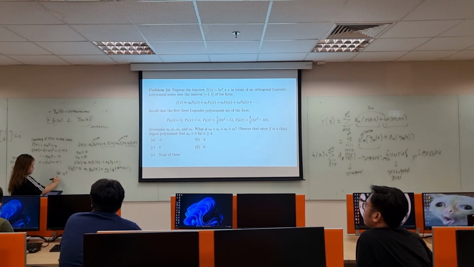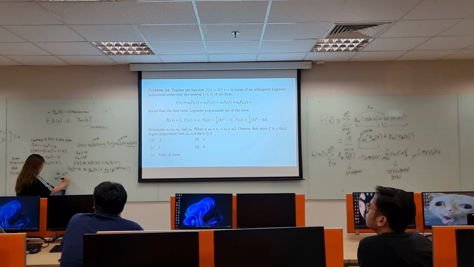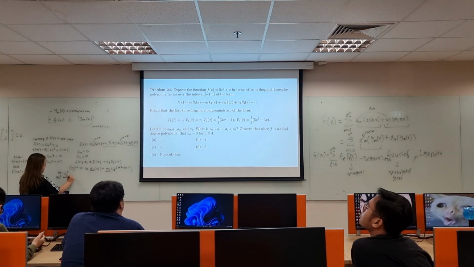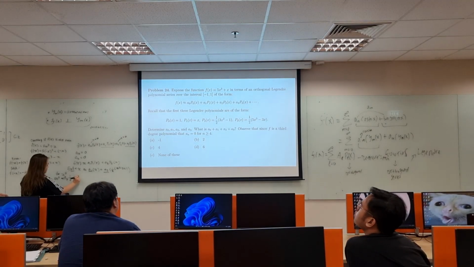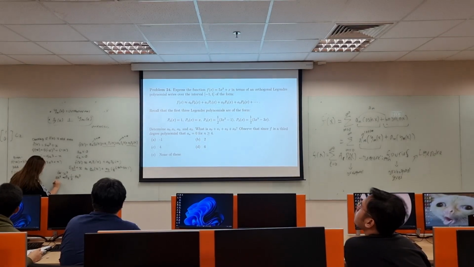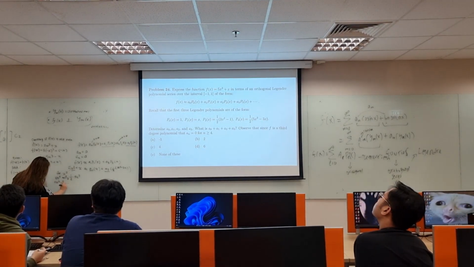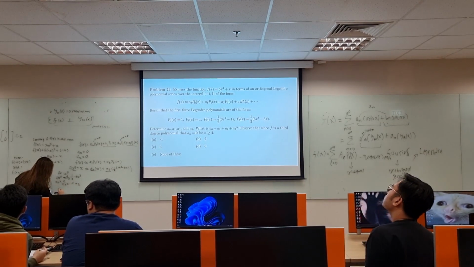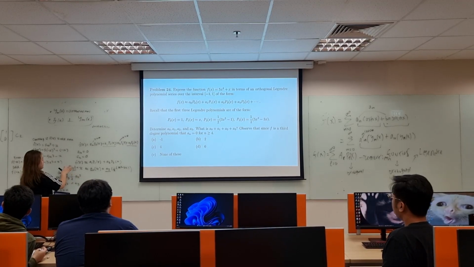There's 5x cubed on the left hand side, and on the right hand side there's a3 times 1/2 times 5x cubed. Then we can solve: 5x cubed times 2 over 5x cubed will be equal to a3. So a3 is equal to 2. And then x cubed is done.